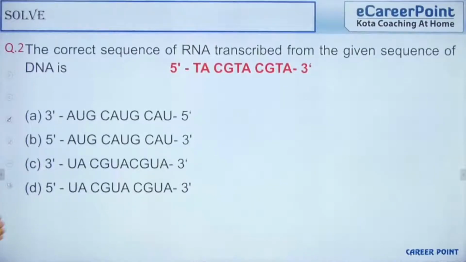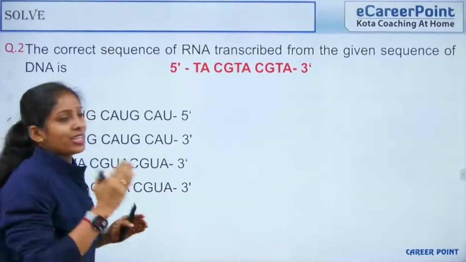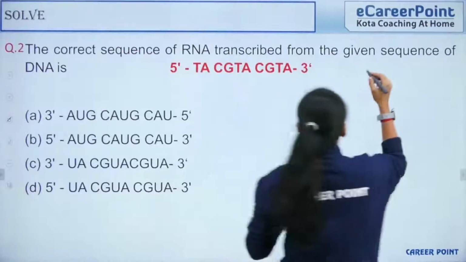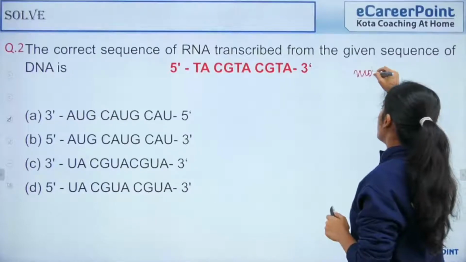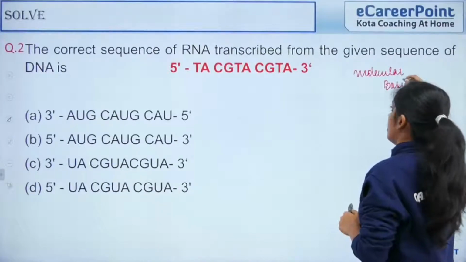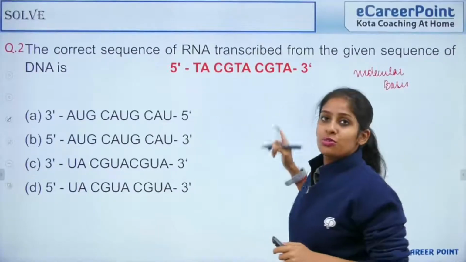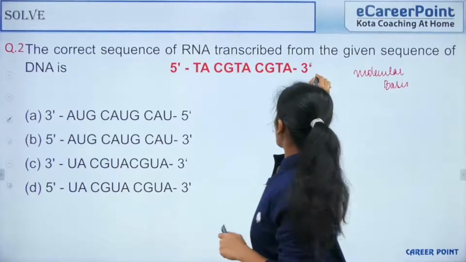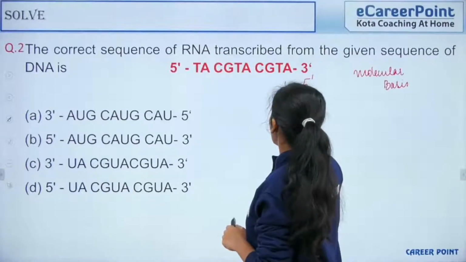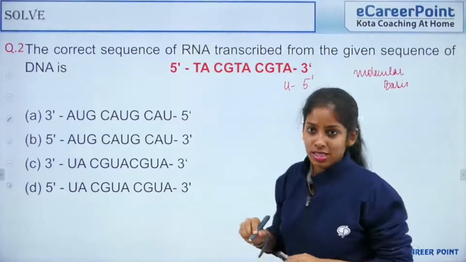Alright, so here we go to the next question. Question 2, the correct sequence of RNA transcribed from the given sequence of DNA is. This question stems from the chapter Molecular Basis of Inheritance. Transcription happens from the 5' to 3'. So we go from this direction. So 5', A will be U, it will not be T because it is RNA.